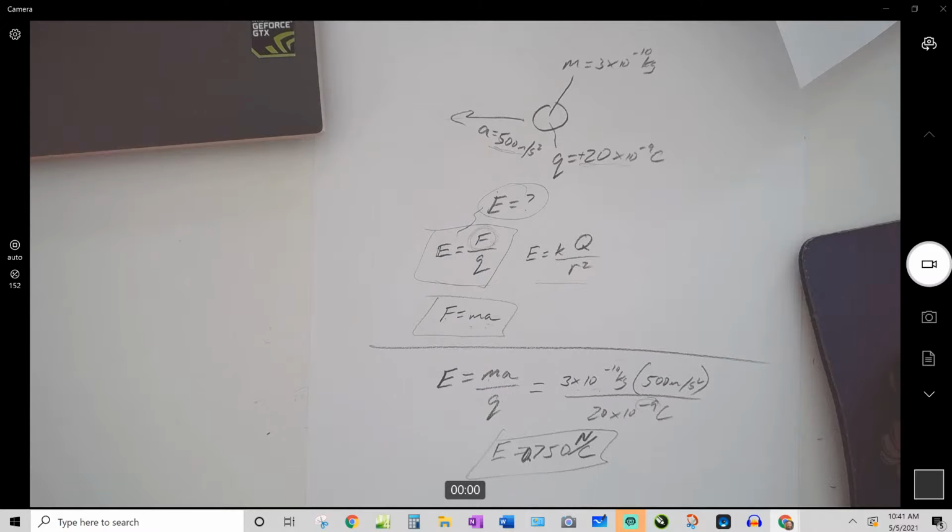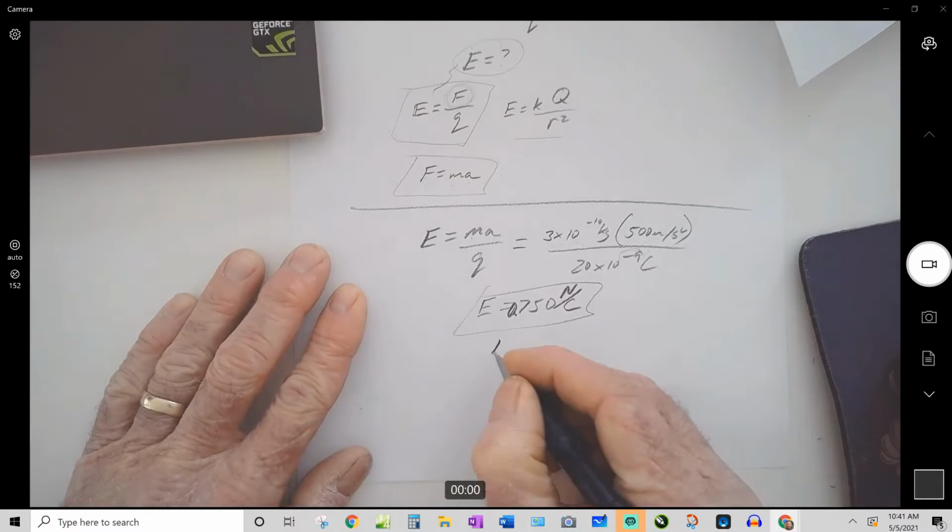Okay, if you think it's to the left, raise your hand. Anybody else? All right, Jackson and Edwin, you are correct. It's to the left. So I'm just going to write leftward.